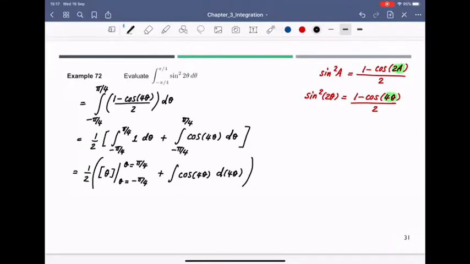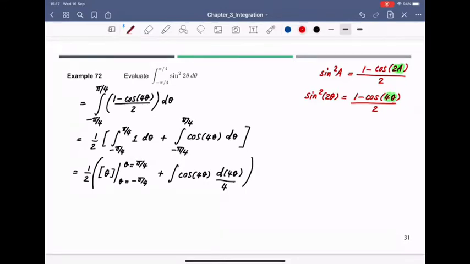This is similar to picking u equal to 4 theta and then dividing by 4. This is the way we pick a new variable quickly. You don't have to set u equal to 4 theta all the time because it's going to be too slow. Once you feel more comfortable with substitution, you can just do this.